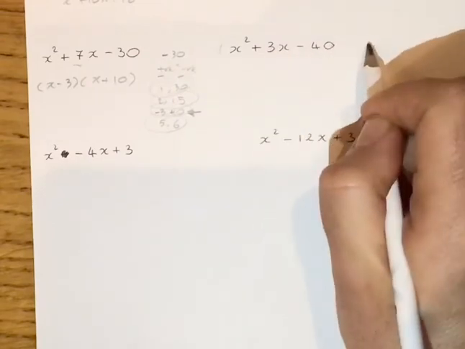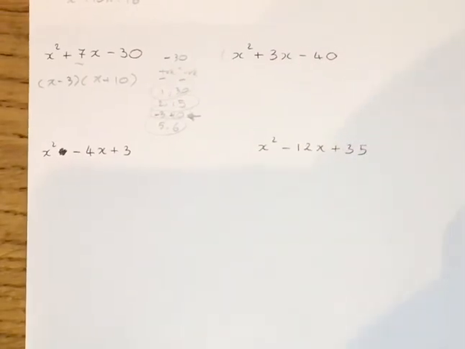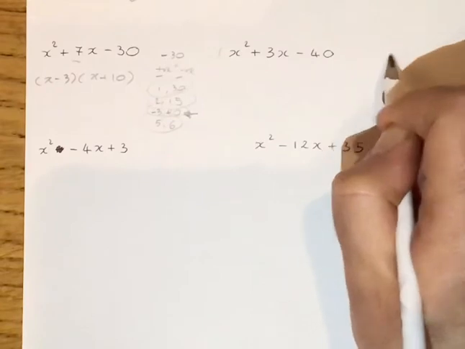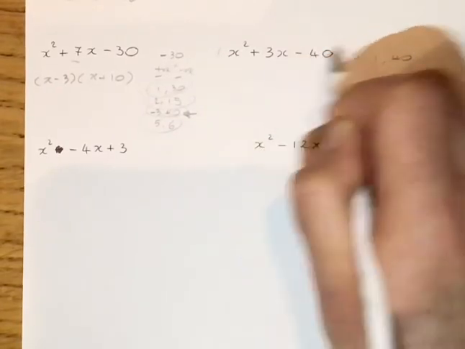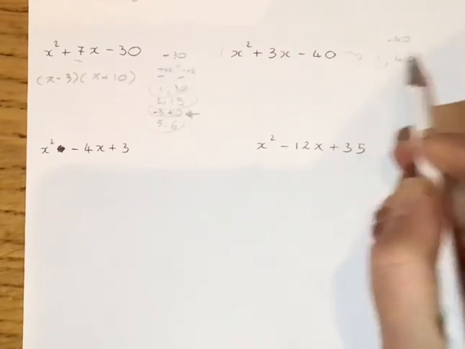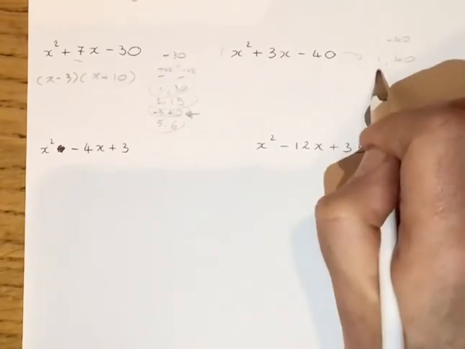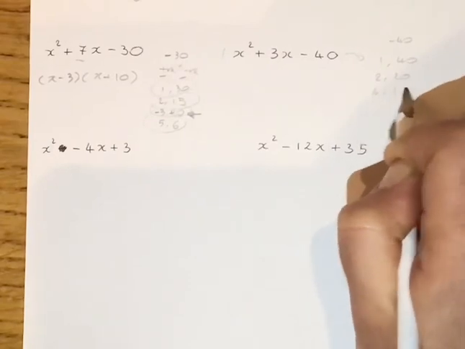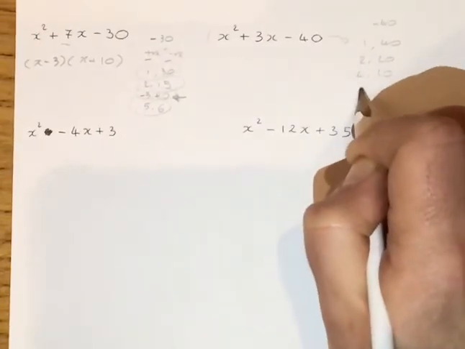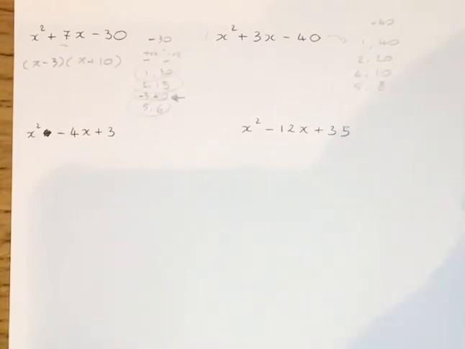Right here, x squared plus 3x minus 40. The factors of 40 are 1 and 40, and again it has to make negative 40, so one has to be positive and one negative. 2 and 20, 4 and 10, and 5 and 8.